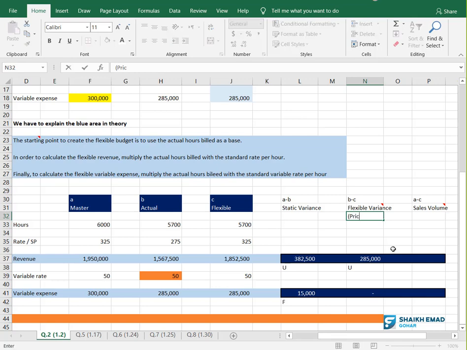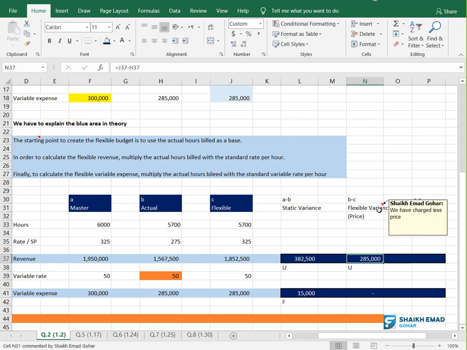So this 285,000 is telling us that we have charged less price. Overall we have generated 382,500 less revenue, and out of this 382,500 less revenue, 285,000 is due to charging less price.